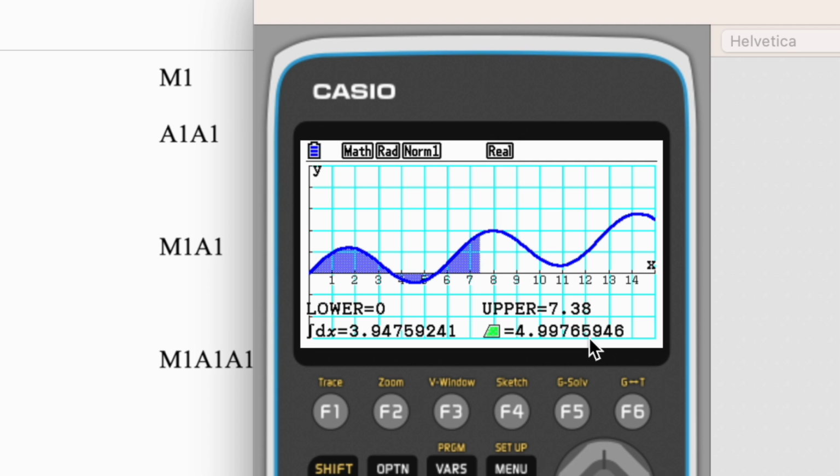So yes, the time from 0 to 7.38, the area or the distance traveled will be 4.999. If they would have asked you displacement, make sure you subtract the area below the x-axis. Only add above the x-axis and subtract anything below the x-axis.